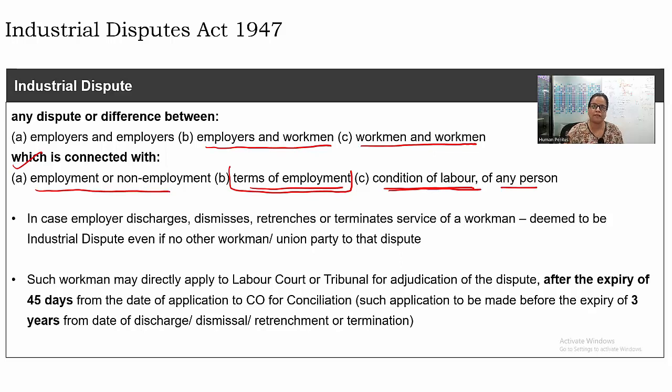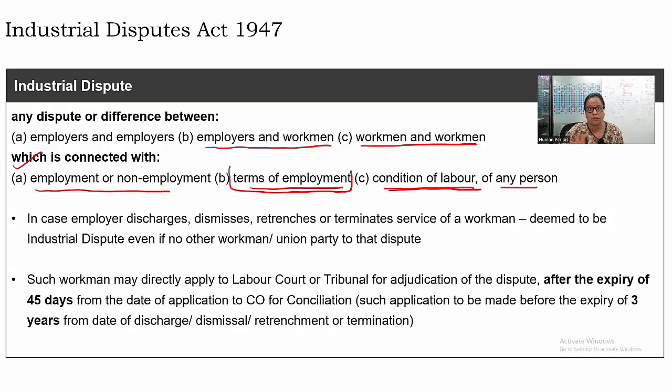Condition of labor here specifically relates to the well-being of the workers, right? Where the condition of labor is in danger out of any compromise with safety standards or any occupational hazards. Any accidental situations in the company or organization may lead to adverse conditions for labor, right?